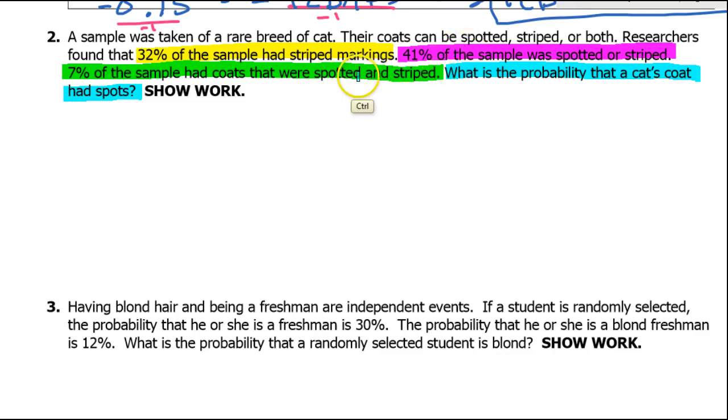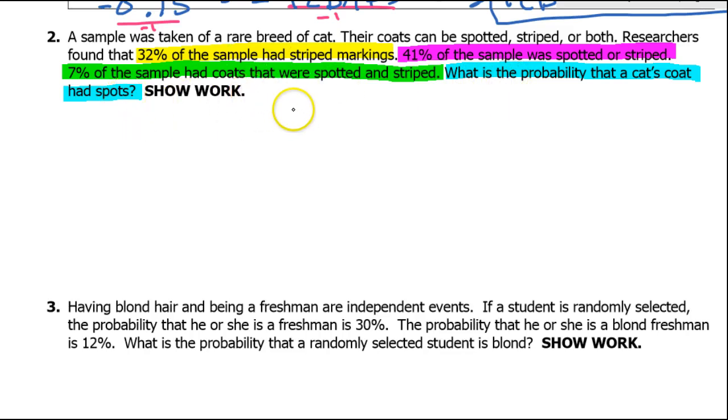The red and the green, these are sort of combination statements mentioning the red one is spotted or striped, the green one is spotted and striped, but the yellow and the blue really show what the two events are. So looking at the yellow, one event is having striped markings, and the other event is having spots.